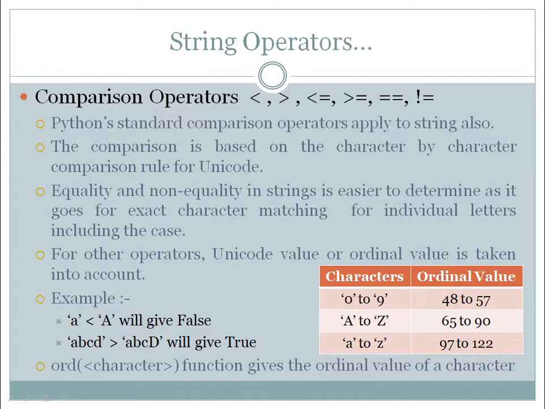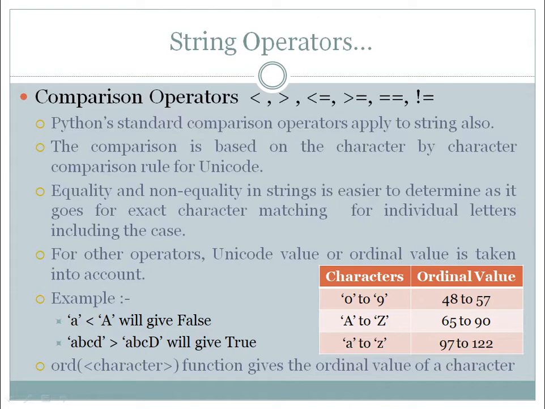Capital A to capital Z are 65 to 90, and small a to small z are 97 to 122. So what do you conclude from this table? We conclude that the ordinal value of small a is greater than the ordinal value of capital A. So if you compare small a and capital A, small a will be larger in value.